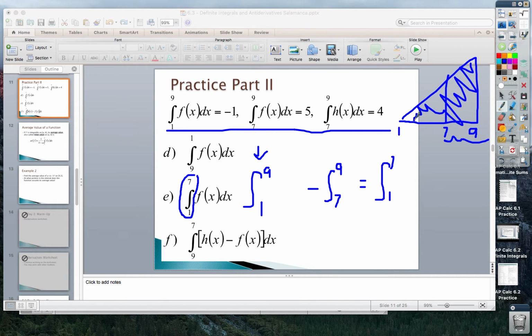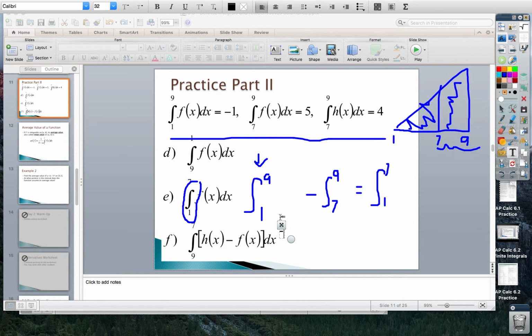So we want that whole triangle minus this part. And so that part is from 1 to 7. So, I'm sorry, we want the 1 to 7. We need to get rid of this 7 to 9. So, we know the integral from 1 to 9 is negative 1. And then notice we have the subtraction sign here. We know from 9 to 7 it's 5. Then we know that our answer here is going to be negative 6.